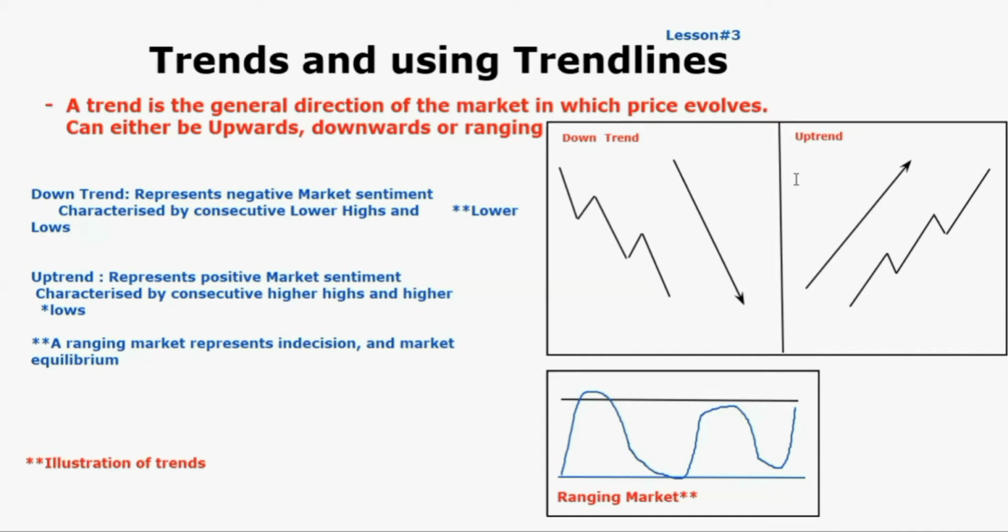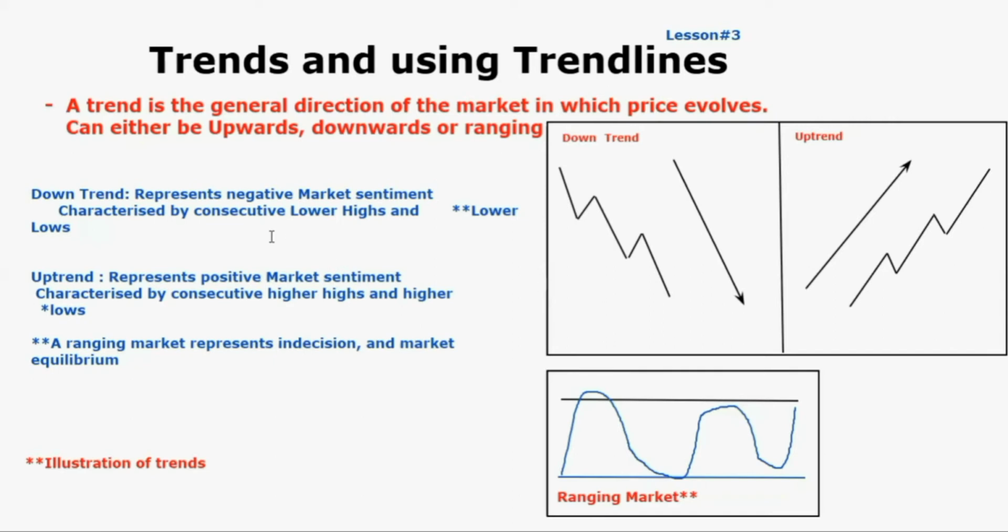A downtrend is the opposite of an uptrend. It represents negative market sentiment, characterized by consecutive lower highs and lower lows. A ranging market looks like this, and I'll show you guys also on a chart what it looks like. But basically, it represents indecision in the market and market equilibrium.